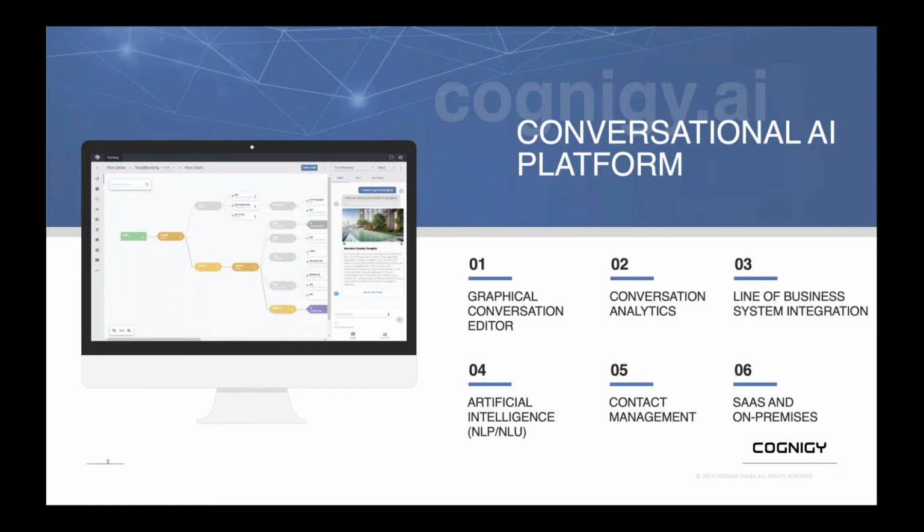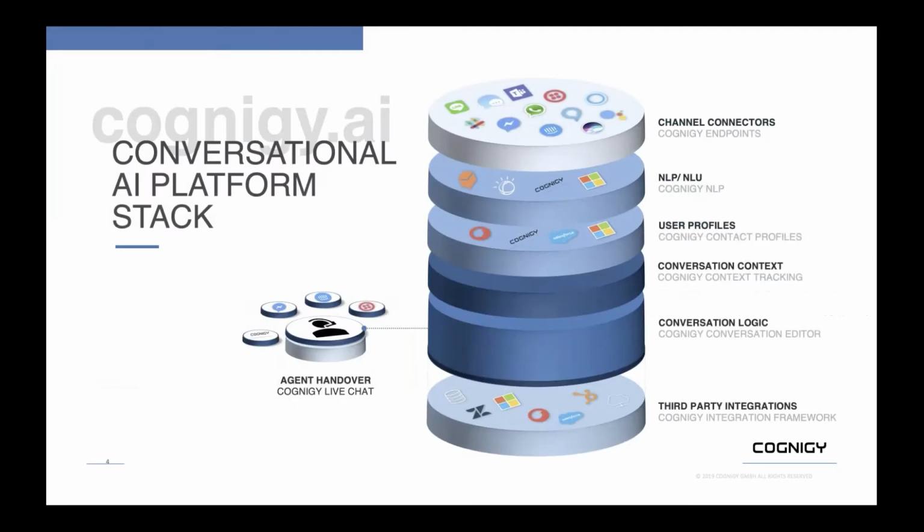Cognigy's broad toolset enables enterprises to connect to their users on any conversational channel, including chatbots, virtual assistants, or phones. So Cognigy connects to any conversational channel and provides many out-of-the-box features. And we're designed with a pluggable architecture that's really built for integrations. If you want to learn more about Cognigy and how to partner with us, stay tuned for Andy's presentation that closes out the webinar.